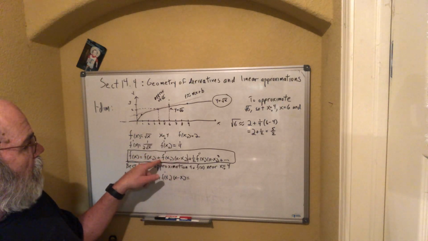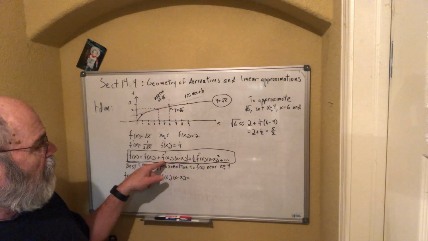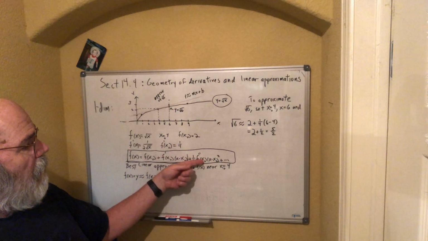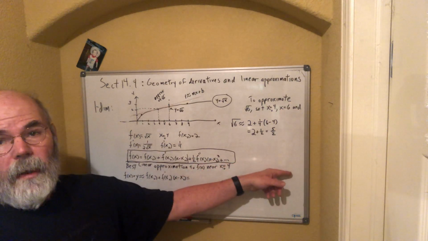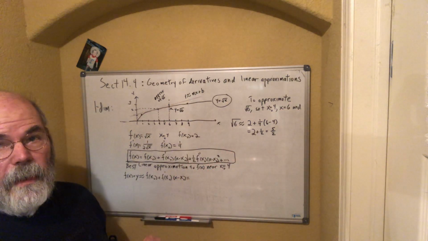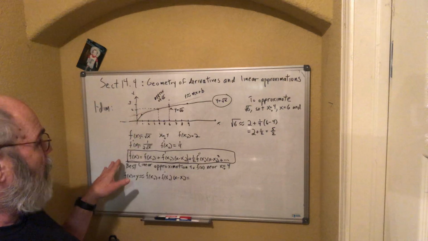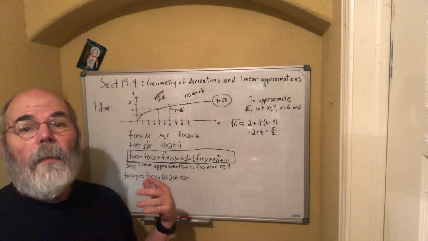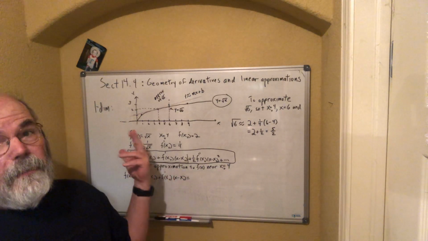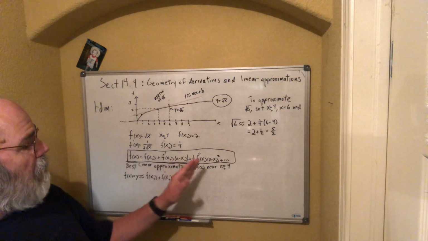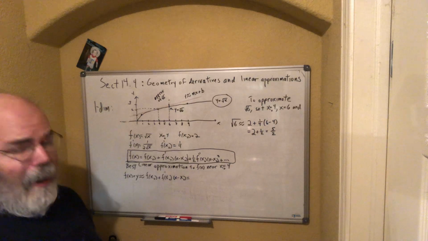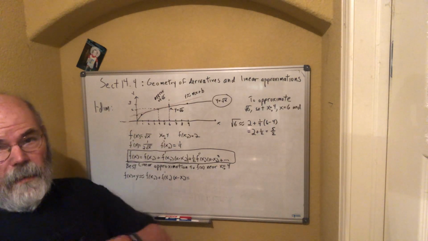There's a linear term involving the first derivative. The next term involves a quadratic, and of course the Taylor series goes on forever. The Taylor series has the property that it's exactly equal to the function, but one of the things you do is truncate these polynomials to get approximations to numbers.